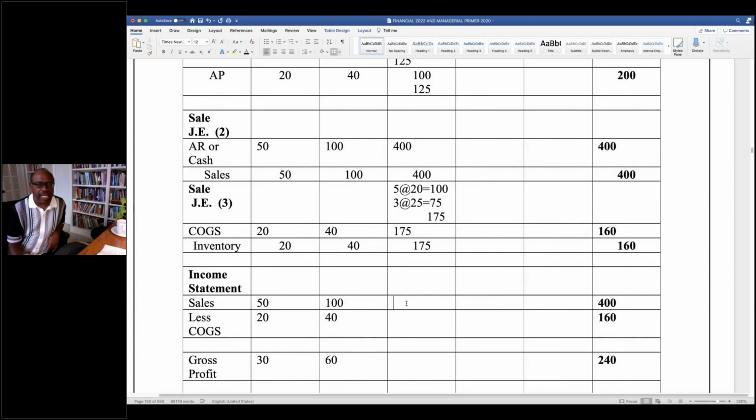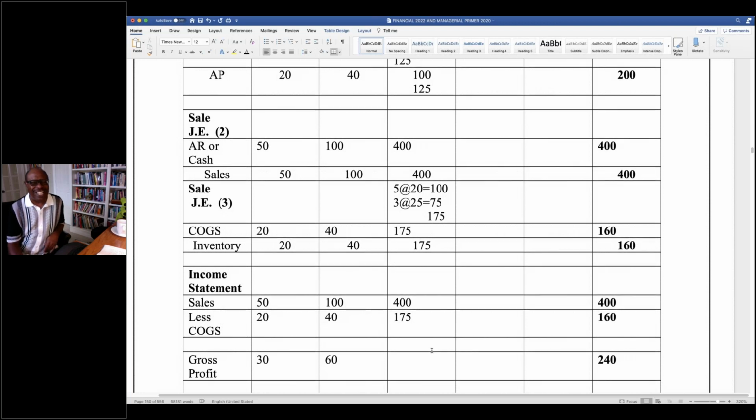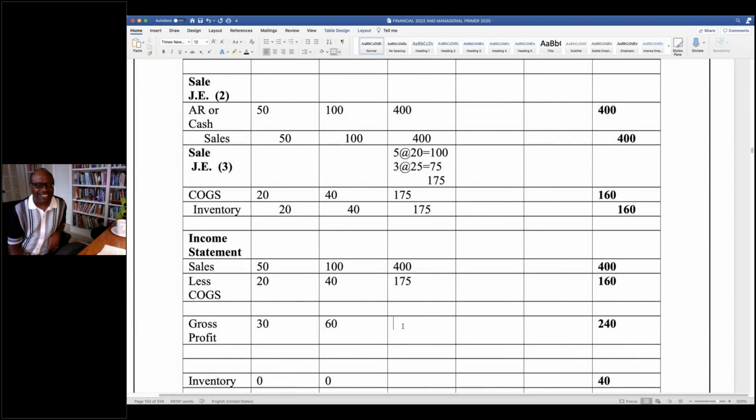When we go here, sales is still 400, but the cost of goods sold is what? 175. So what's our gross profit? 225.